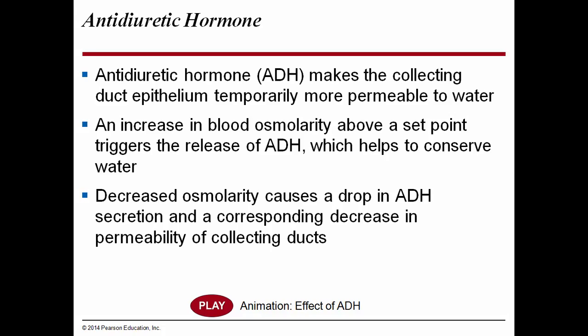An increase in the blood osmolarity above a set point triggers the release of antidiuretic hormone, or vasopressin, which helps conserve the water. Decreased osmolarity can cause a drop in ADH secretion, which corresponds to a decrease in permeability of collecting ducts.